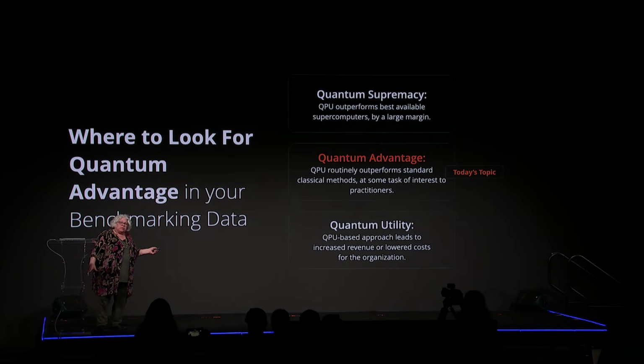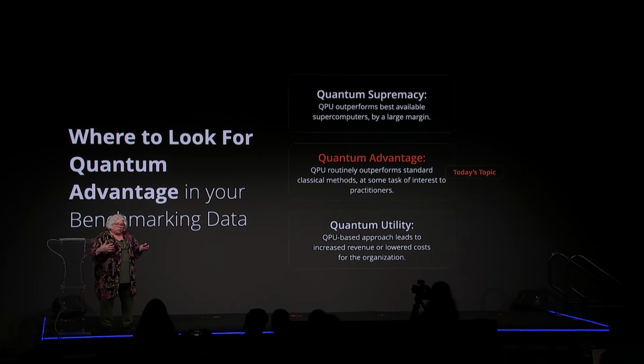That's opposed to quantum utility, to my mind, and this is more or less how D-Wave uses these terms, which is really about a business customer doing a cost-benefit analysis and realizing that this quantum approach is going to save them money or increase income. It's very domain-specific, or domain-dependent.